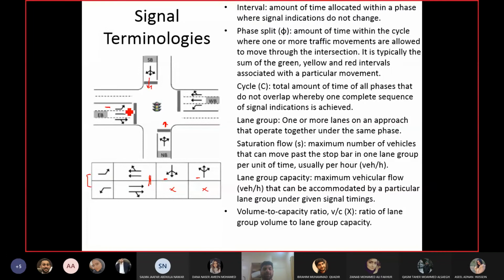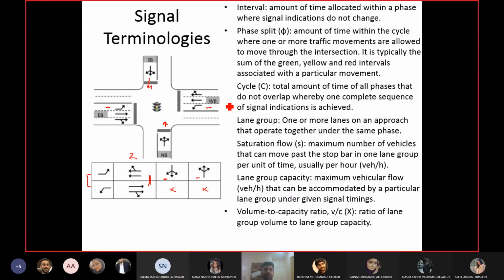So we have only one lane group from this approach, and then the other lane group is from this approach in the same phase. In the same phase, we have two lane groups, one from the eastbound side, the other from the westbound side. If you come to phase 2, then again you have two lane groups, one from eastbound, one from westbound.